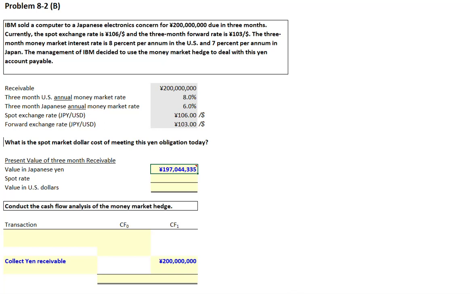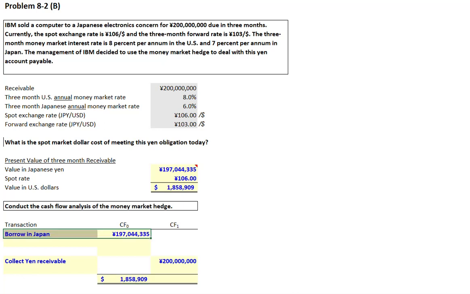We would be converting that to US dollars using the spot rate of 106 yen per dollar. So that would be worth 1,858,909 US dollars today. So for our hedge, we will be trying to lock in that time zero cash flow of $1.858 million.